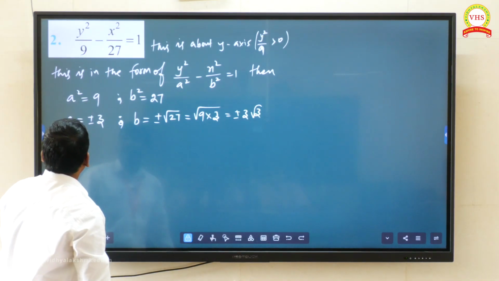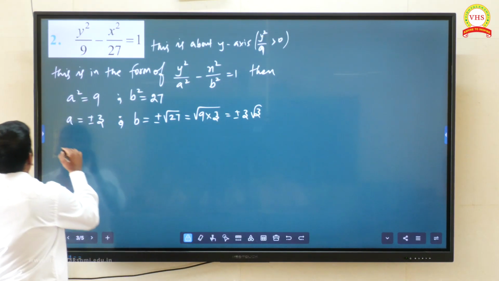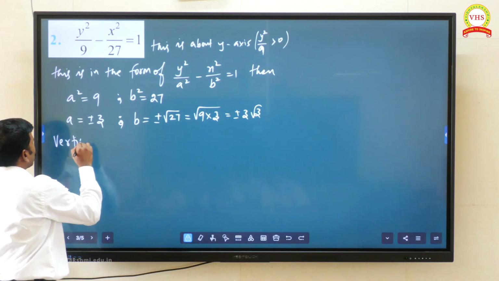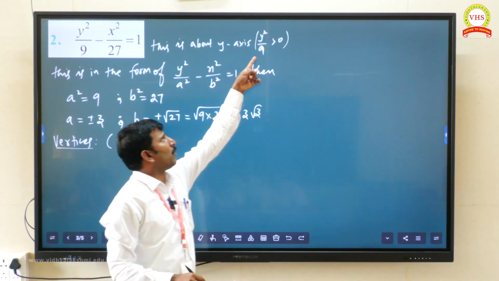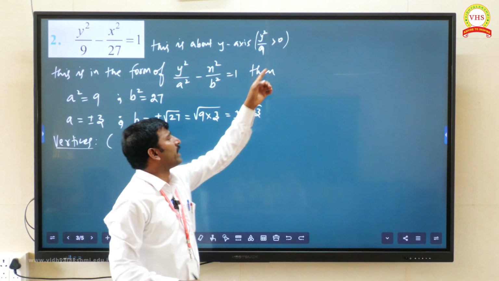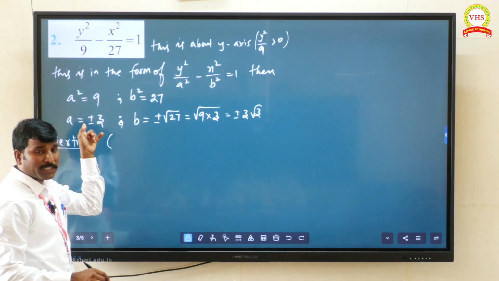Not a problem. Now we got the a value and the b value. We'll find the vertices. This is about the y-axis, am I right? 9 is our required a square, so after taking the root we have a equal to plus or minus 3.